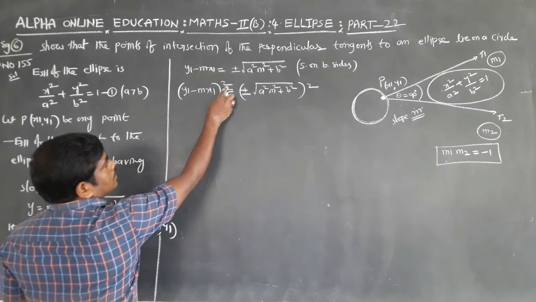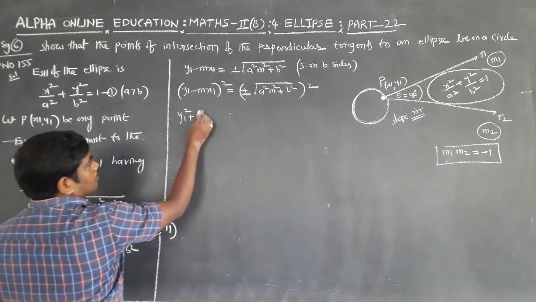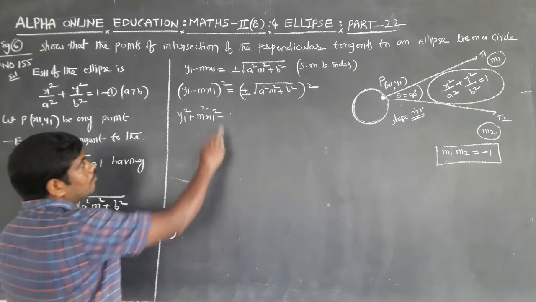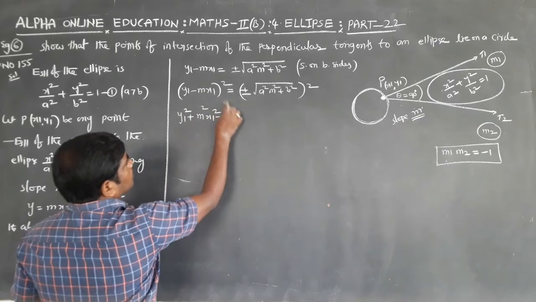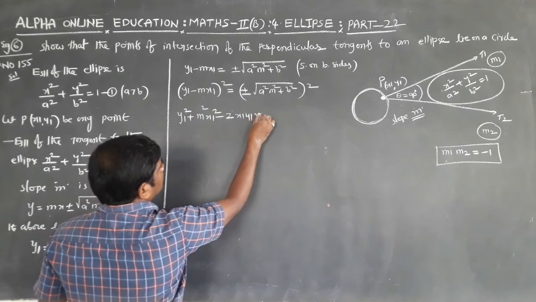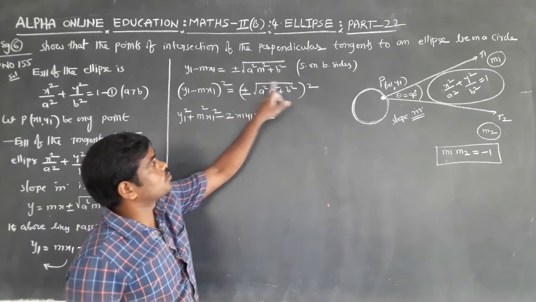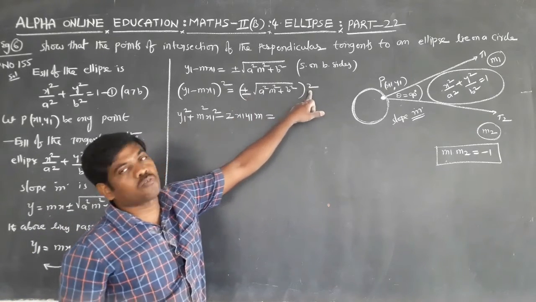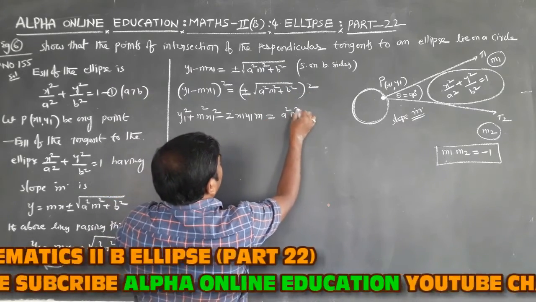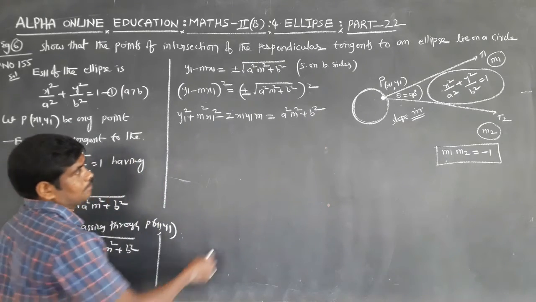Expanding (a minus b) whole square, we get y1 square plus m square x1 square minus 2 x1 y1 m. The square and square root cancel, so the remaining value is a square m square plus b square.